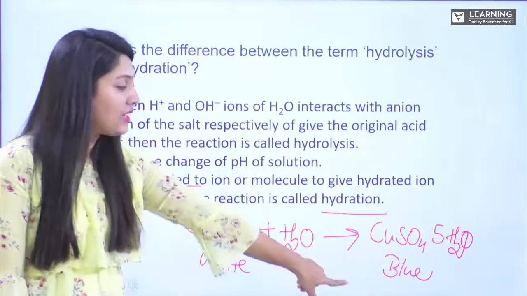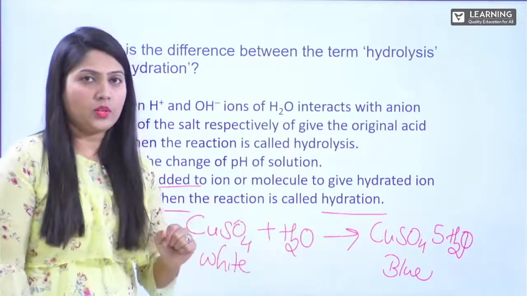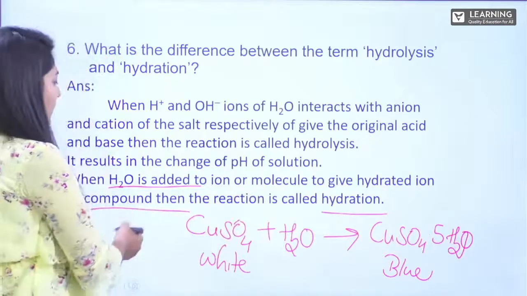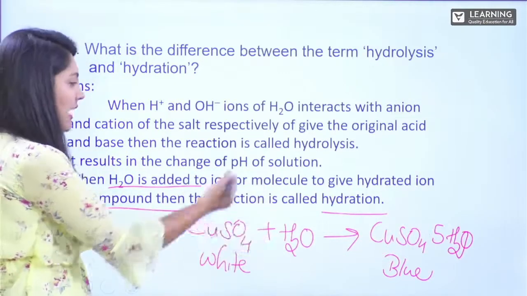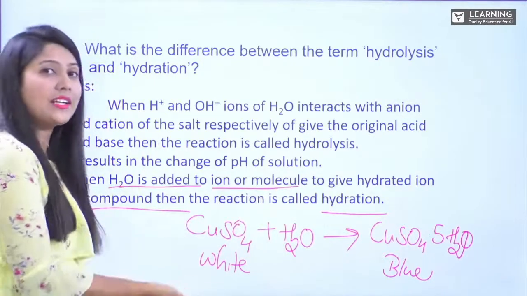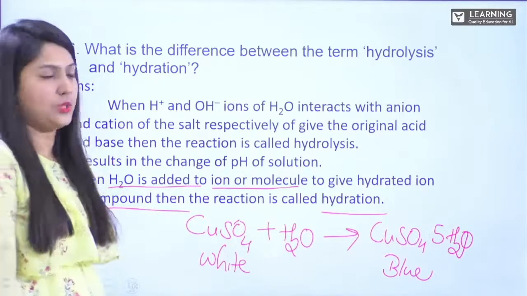When it is hydrated, pentahydrated copper sulfate will give you blue color. So this exactly gives you the definition. When H2O, that is water, is added to a molecule or an ion, it gives a hydrated ion or molecule, and that process can be called hydration.